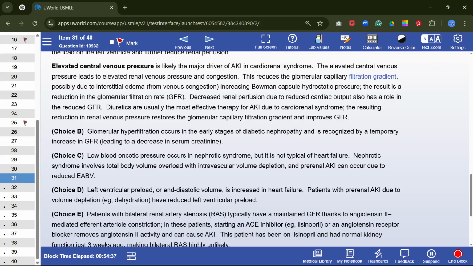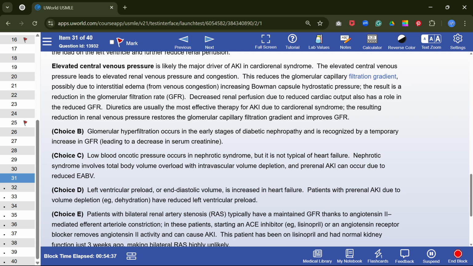Nephrotic syndrome involves total body volume overload with intravascular volume depletion. Pre-renal AKI can occur due to reduced effective arterial blood volume.